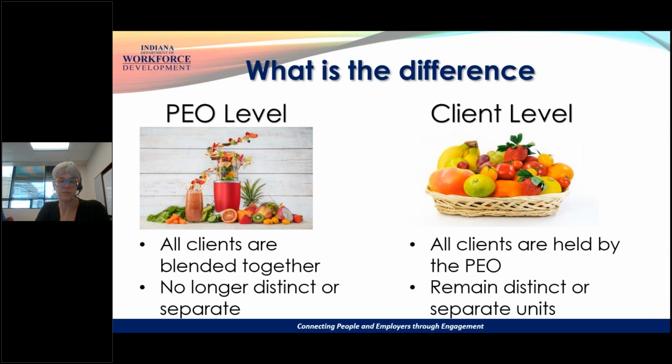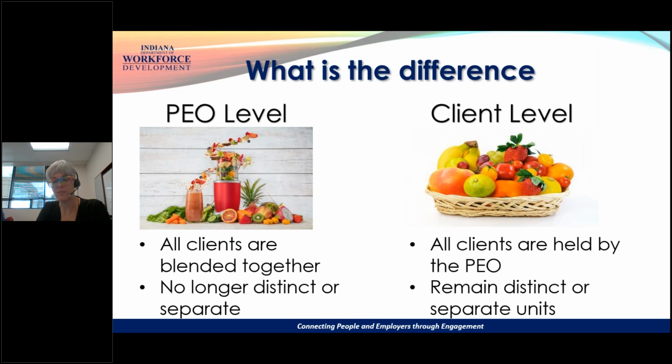So what is the difference between a PEO level PEO and a client level PEO? At the PEO level, all the clients are blended together and the clients are no longer distinct or separate entities. At the client level PEO, the clients remain separate. The PEO acts as a basket to hold them together, so to speak, but they remain distinct and separate.